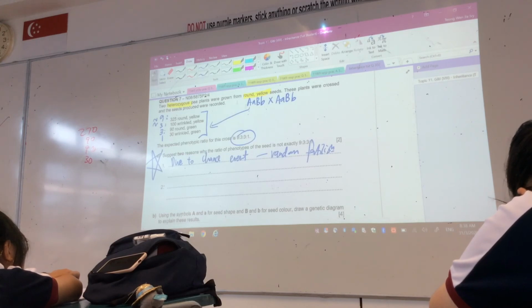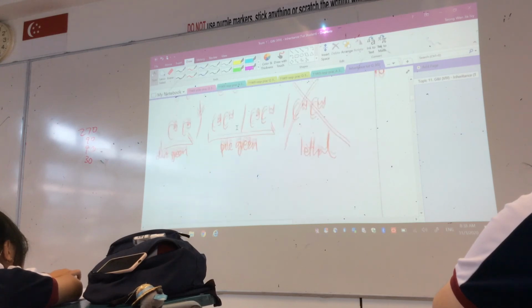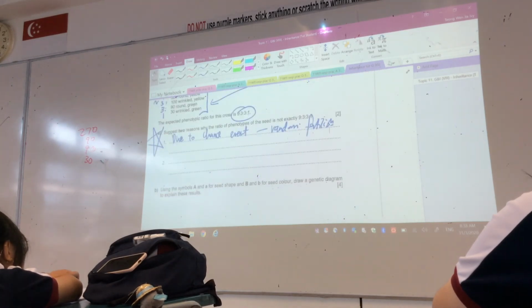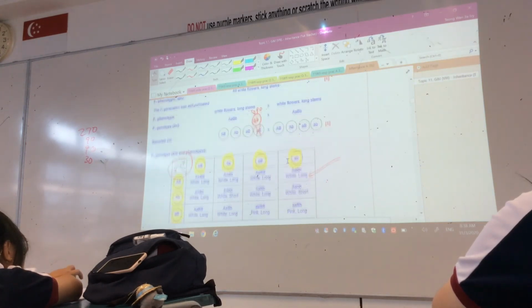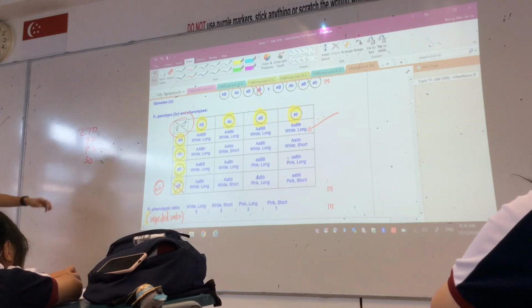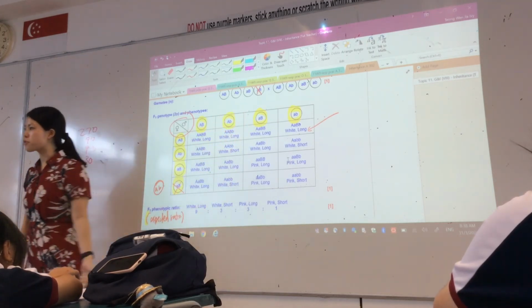Okay, so if you look at, for example, the Punnett square, that's my Punnett square. If you look at the Punnett square, I cannot predict which gamete formed from either parent is going to fuse to form what offspring.